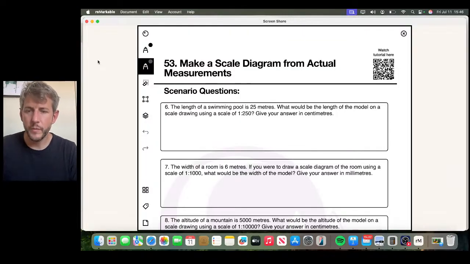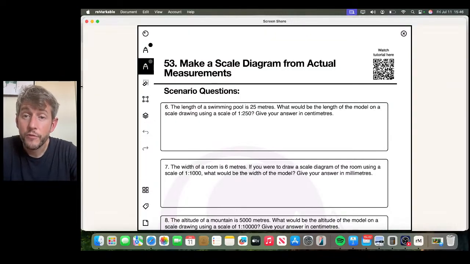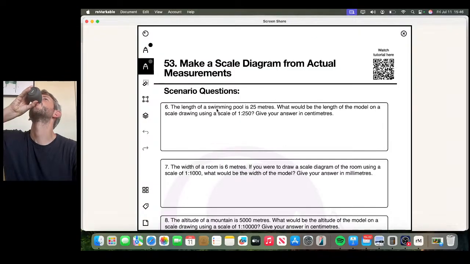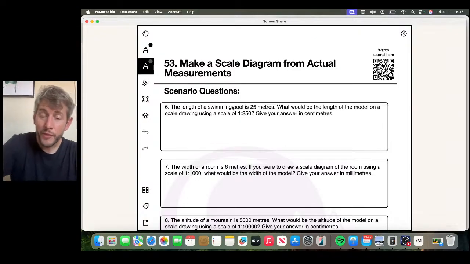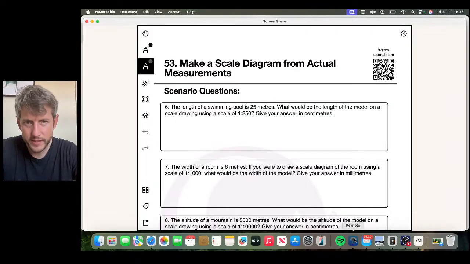Right, so here we go. We have here the length of a swimming pool. The length of a swimming pool is 25 metres. What would be the length of the model on a scale drawing? I made this mistake before with the writing.